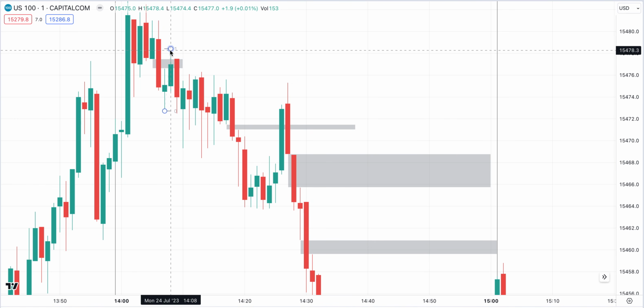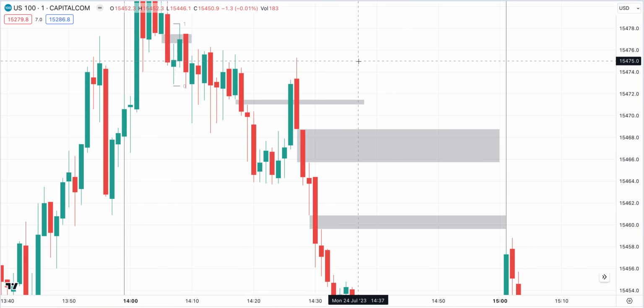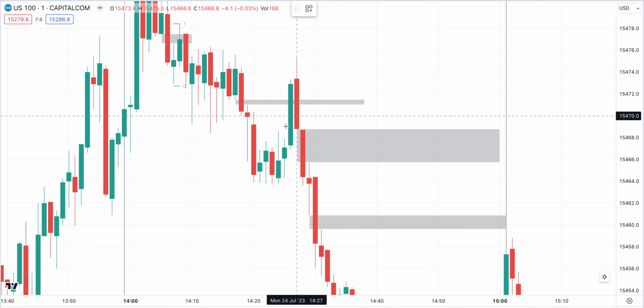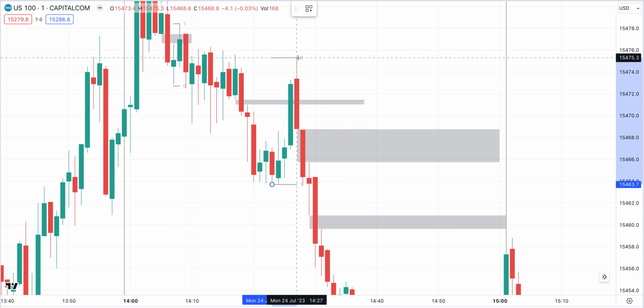That's an intermediate swing high inside here. Now this candle gets violated, but the swing high is still intact, so I would still look at that one as a potential run. This is the lowest candle up to the highest candle.